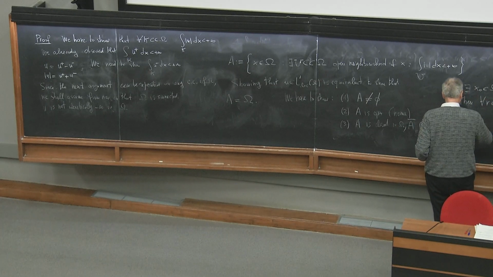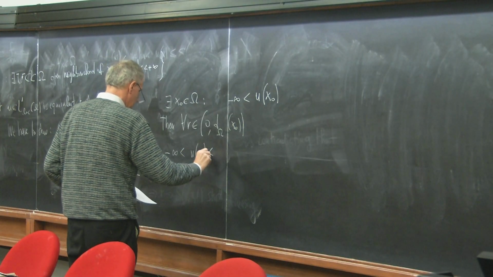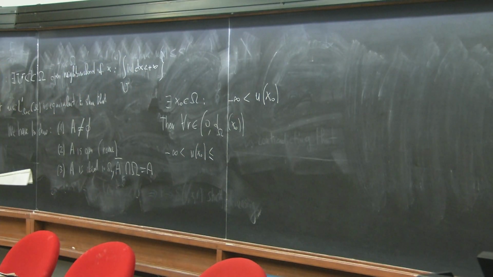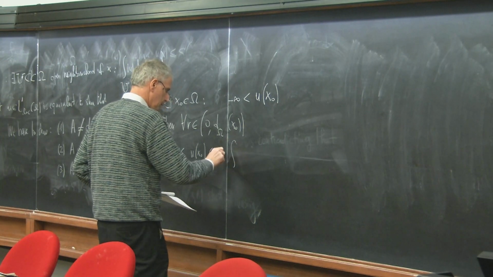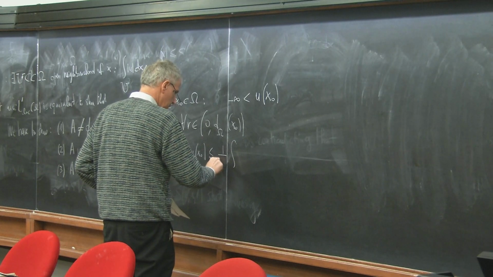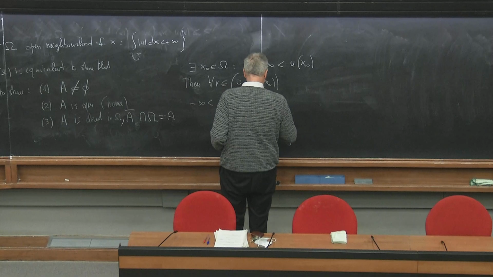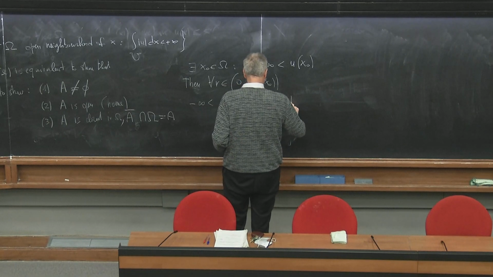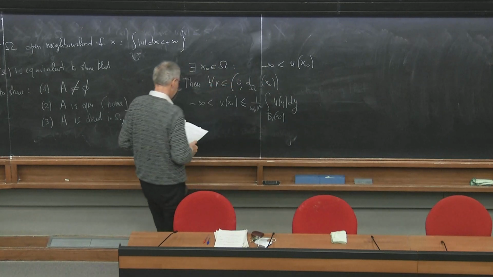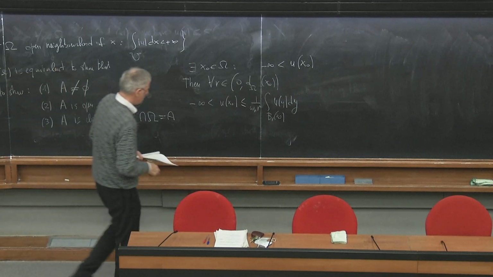We have minus infinity less than u of x naught, less than or equal to the volume mean value formula, 1 over omega n r to the n, integral over B_r of x naught of u(y) dy.